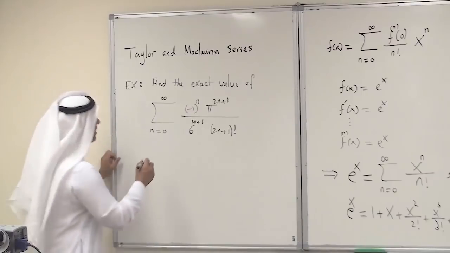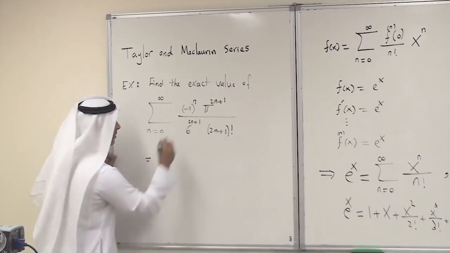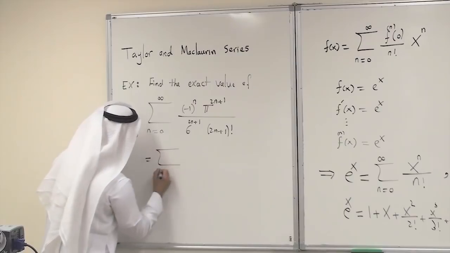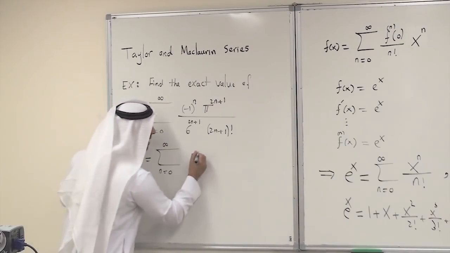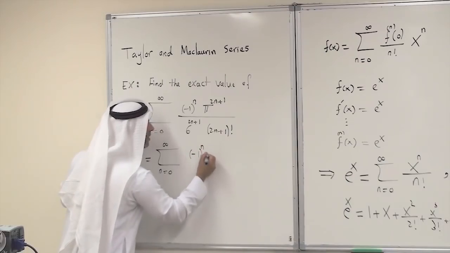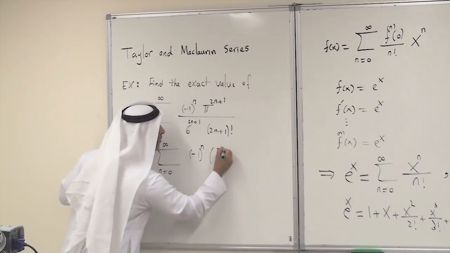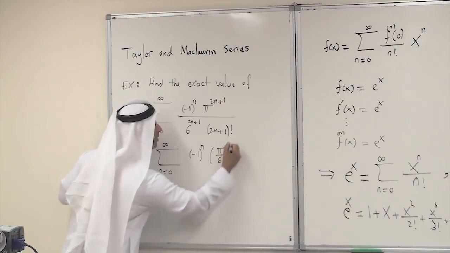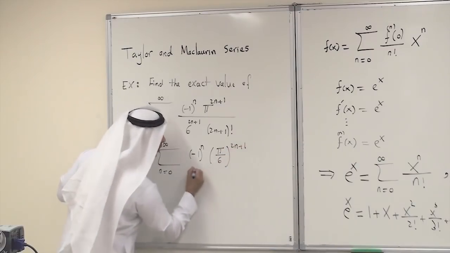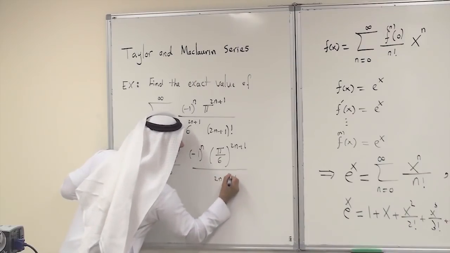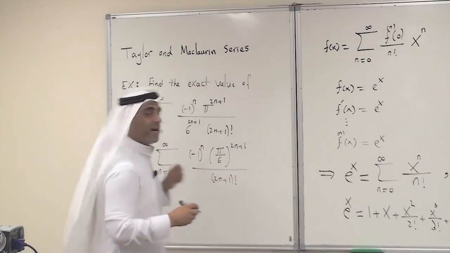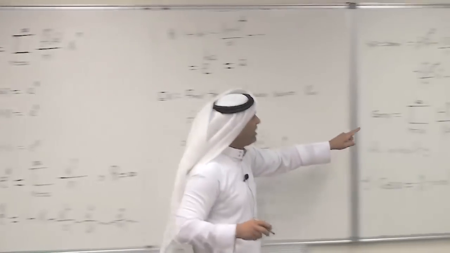And clearly, if you just reform it like the standard form we have for the Maclaurin series of the sine, then you have the sum n equal to 0 up to infinity of minus 1 to the power n, and I will write it down as pi over 6 all to the power 2n plus 1 all over 2n plus 1 factorial. Meaning, I'm going back to the sine representation here in terms of series.